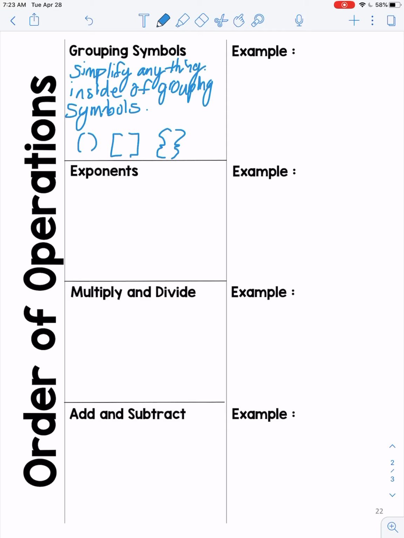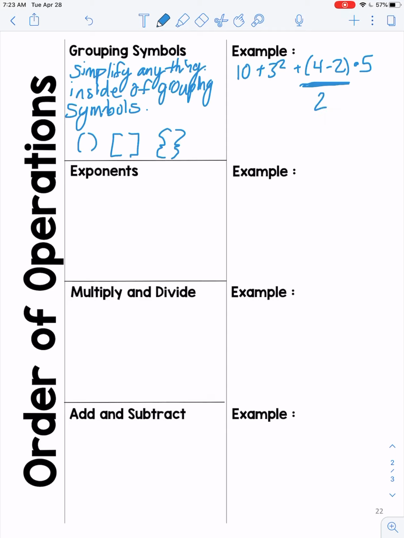So let's look at an example expression. We have 10 plus 3 squared plus parentheses 4 minus 2 times 5. So our first step is always going to be what's inside these parentheses here. So 4 minus 2 is 2.